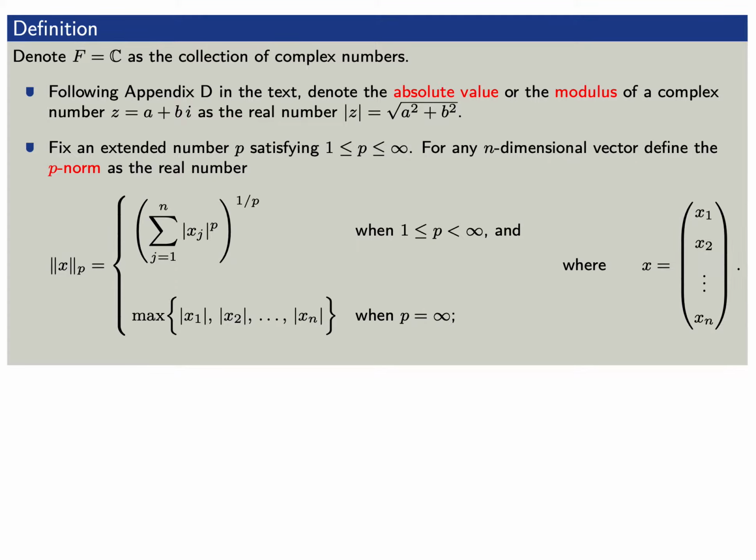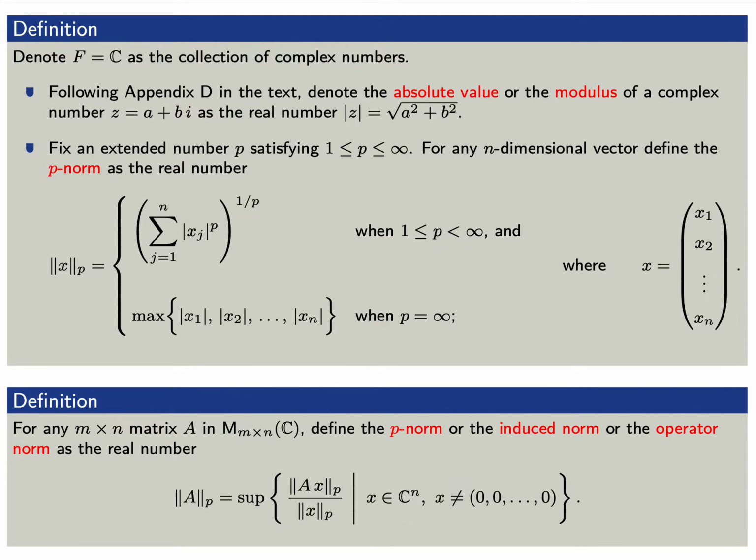We'll also define the p-norm of an m by n matrix A. Let's consider the following two vectors, A times x, which is an m-dimensional vector, and we'll compute the p-norm of that. We also have x itself, which is an n-dimensional vector, and we'll compute the p-norm of that.